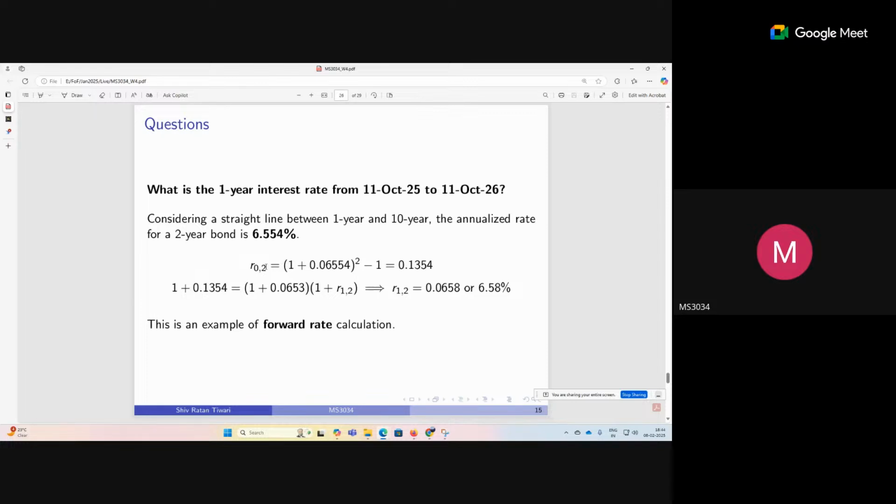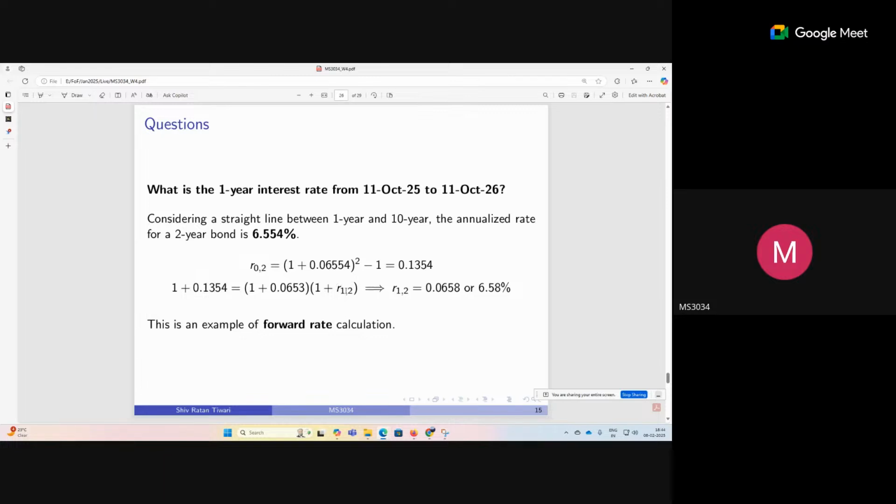Now we know the 2-year rate of return, that is, the return I earn in the first year and the return I earn in the second year. The return in the first year, the 1-year rate of return, is given as 6.53%. I have the first 1-year rate of return and the total holding rate of return, and I want to calculate what I will earn if I purchase a 1-year bond 1 year later.